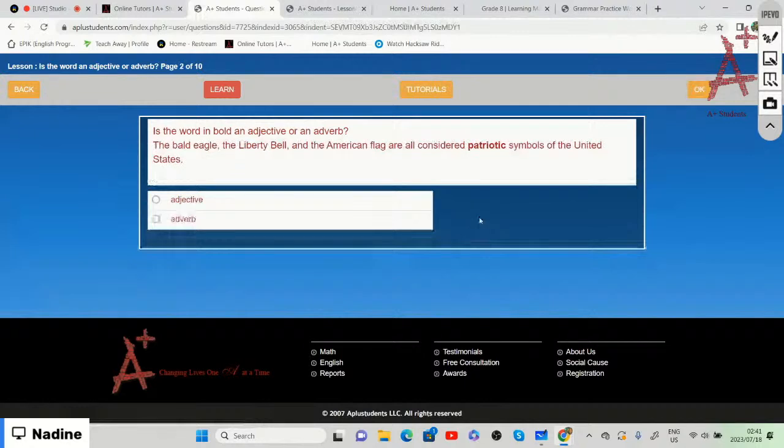The bald eagle, the Liberty Bell, and the American flag are all considered patriotic symbols of the United States. We need to say if that word is either an adjective or an adverb.